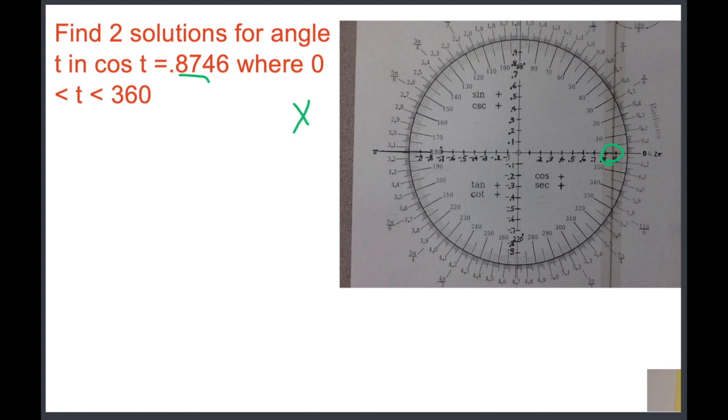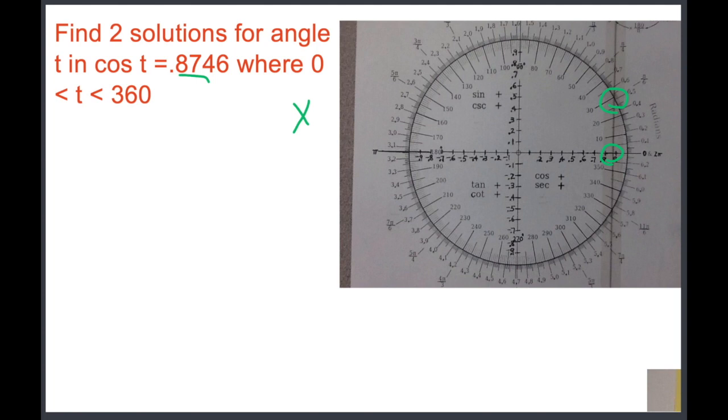With a line that is parallel to the y-axis, we're going to try to read the quantity right here, which is just below 30 degrees. It's actually 29 degrees. If you're in radians, it's about 0.51 or so.